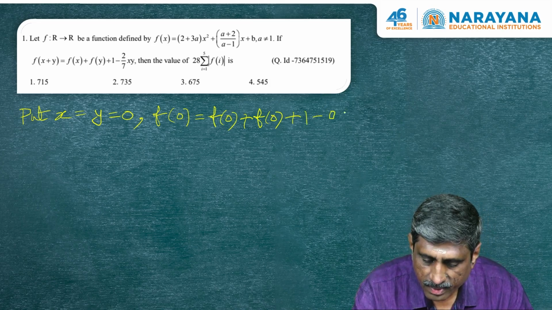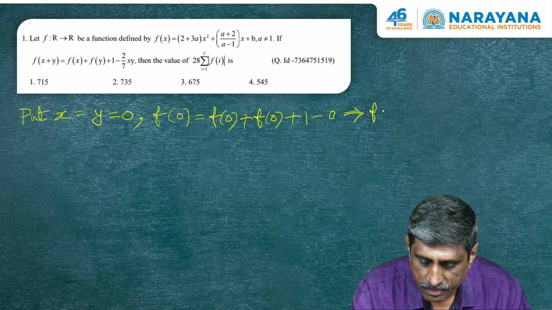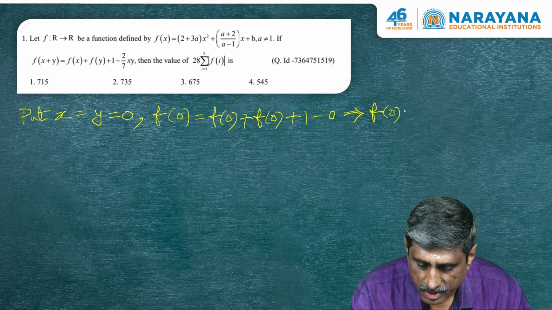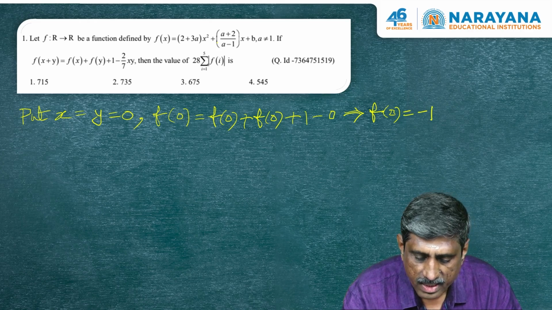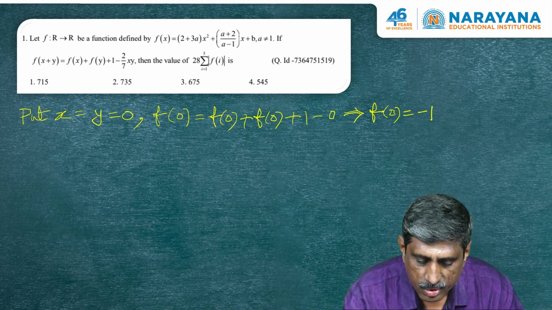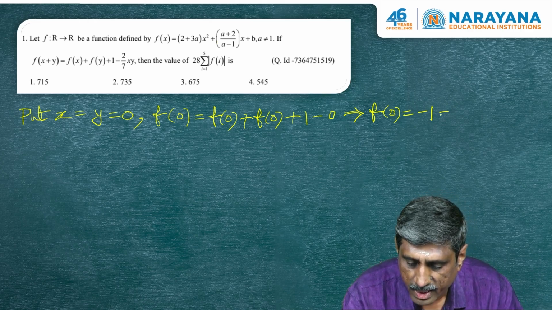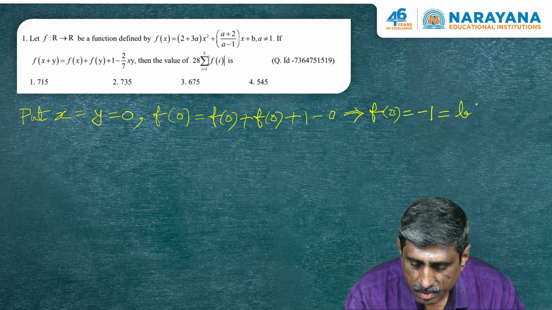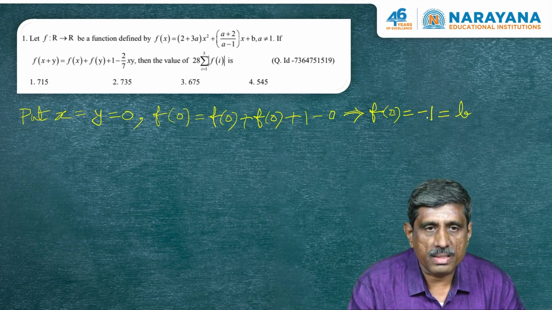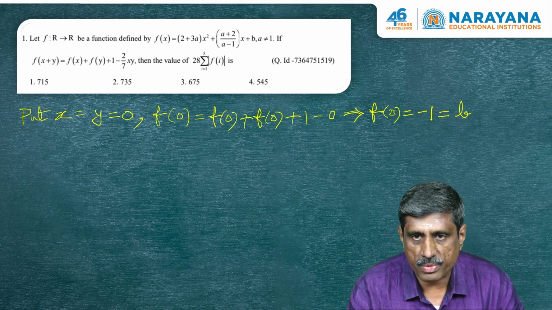From this we get f of 0 is equal to minus 1. And in the given function f of x, when you put x is equal to 0, it is nothing but the value b. So, we are getting b is equal to minus 1. That is the first result which we have achieved.